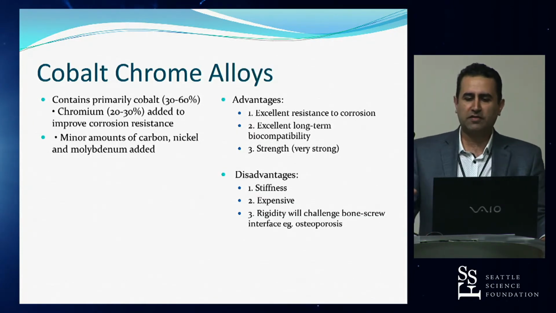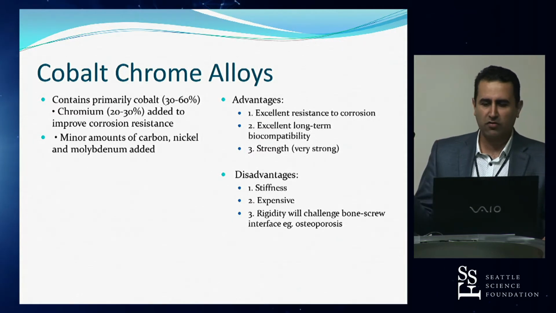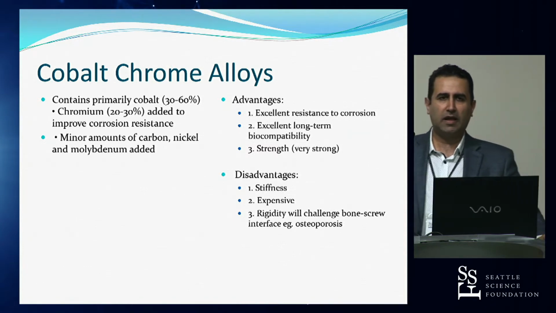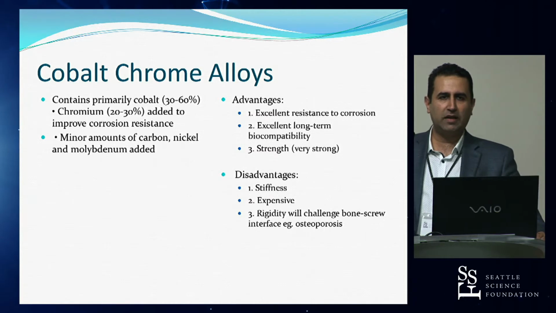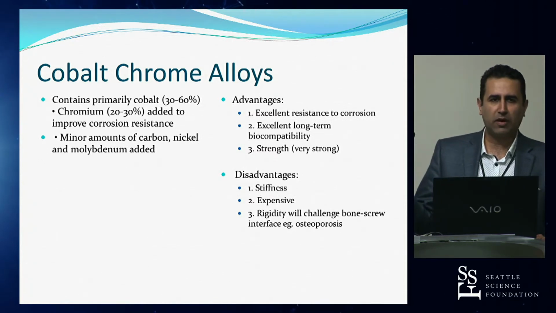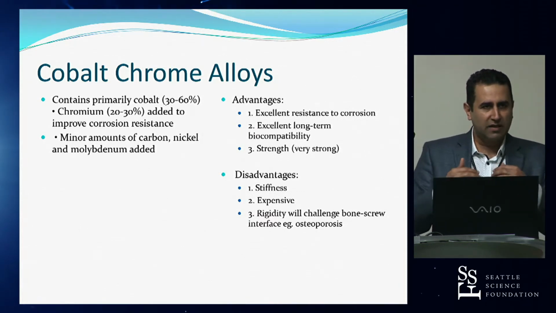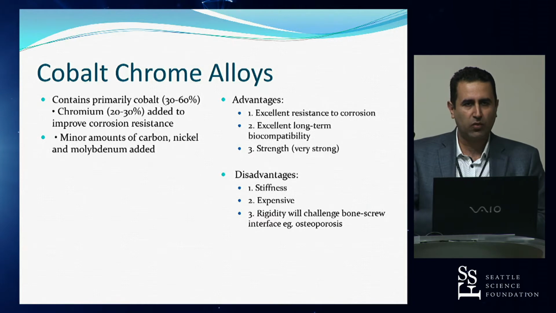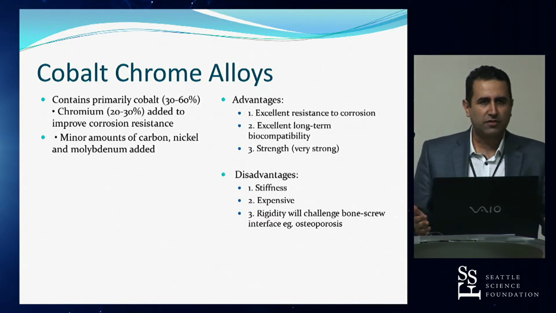Cobalt chrome has the highest stiffness, very strong, excellent resistance to corrosion, but its stiffness is also its disadvantage because in the incorrectly used patient, the osteoporotic patient, where a relative decrease in that elastic modulus is needed to meet the needs of that patient with weaker bone, then often you'll see fractures and so on.